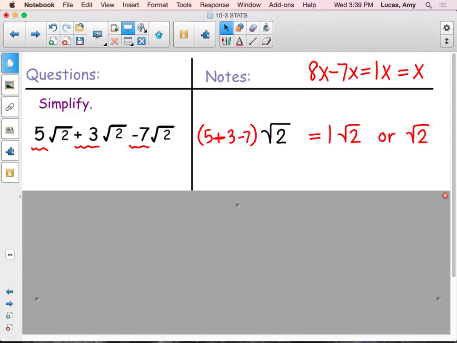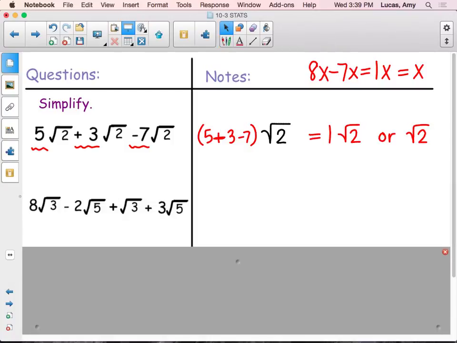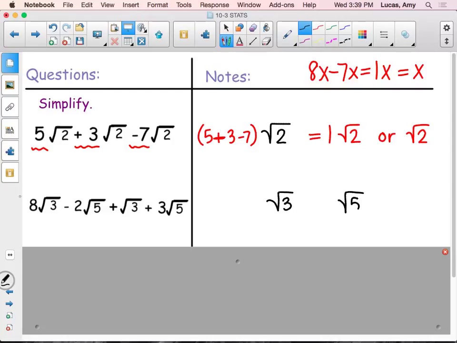Okay. Our next example, 8 times the square root of 3 minus 2 times the square root of 5 plus the square root of 3 plus 3 times the square root of 5. I've got two different radicals here. I've got some with the square root of 3 and some with the square root of 5. So if I start with the square root of 3, I've got 8 times the square root of 3, and then I've got this plus the square root of 3 where there's nothing in front of it, so I need to put the 1 there.